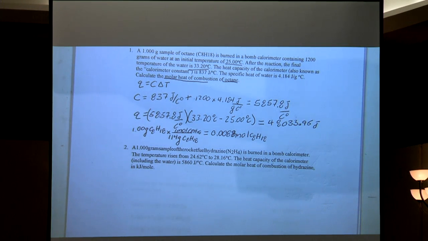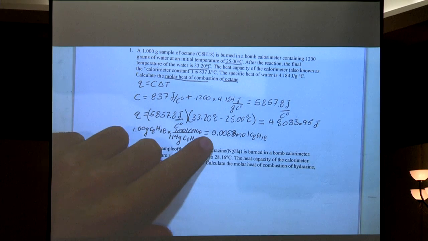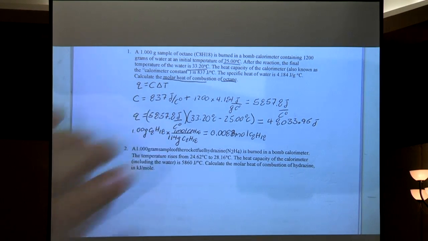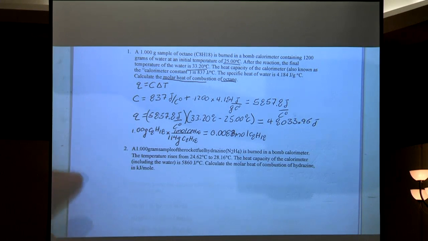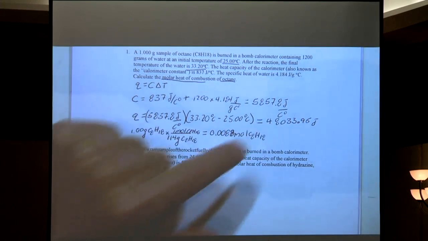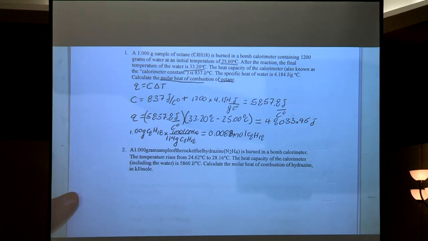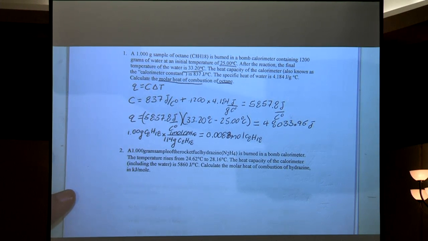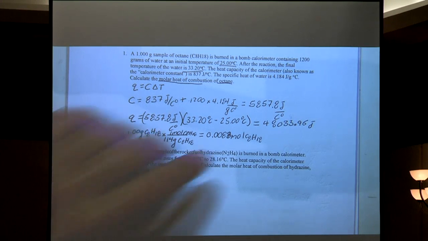I'm just assuming a mole will be less than a gram. Cool. We already found out that it's a lot less, and we know that 114 grams is in 1 mole. We're going to burn 114 grams in 1 mole. So do you think it'd be higher or lower than this one? It's going to be a lot higher.